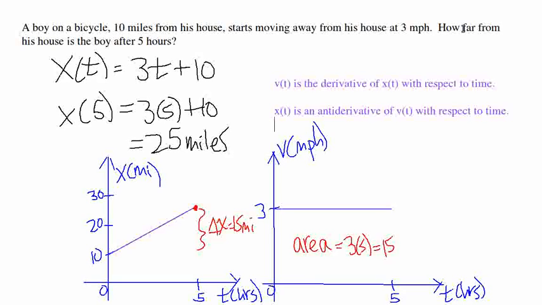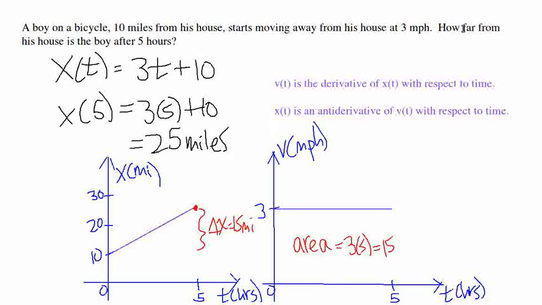So apparently you can use areas underneath derivative function graphs to find changes in the heights of functions. In other words, we can find the change in the height of the left graph by finding the area with respect to the right graph. All right? I hope that's clear. Pause the video and think about that for a moment if any of that wasn't clear.